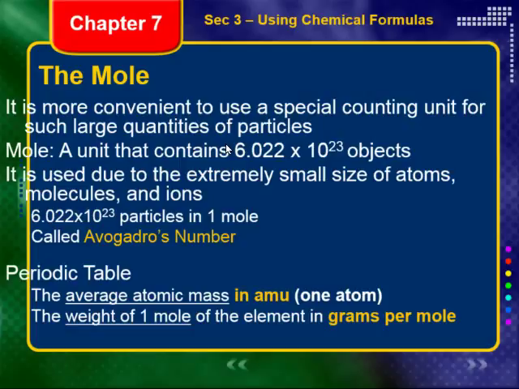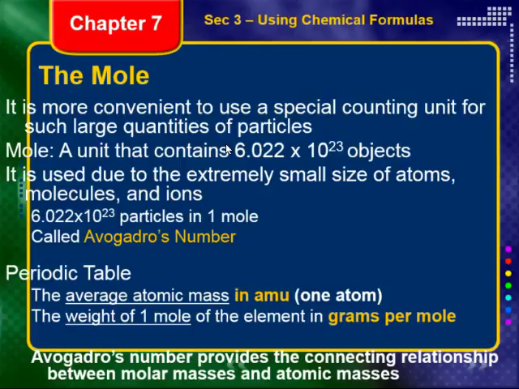That's a huge number of things. This is going to be a lot larger than something that would be measured in AMU, because something measured in AMU is going to be on the scale of 1 atom, 1 ion, 1 molecule. It's going to be much, much smaller. And so what we'll need to know is that Avogadro's number provides a connecting relationship between molar masses and atomic masses, which we will use in this class quite often.